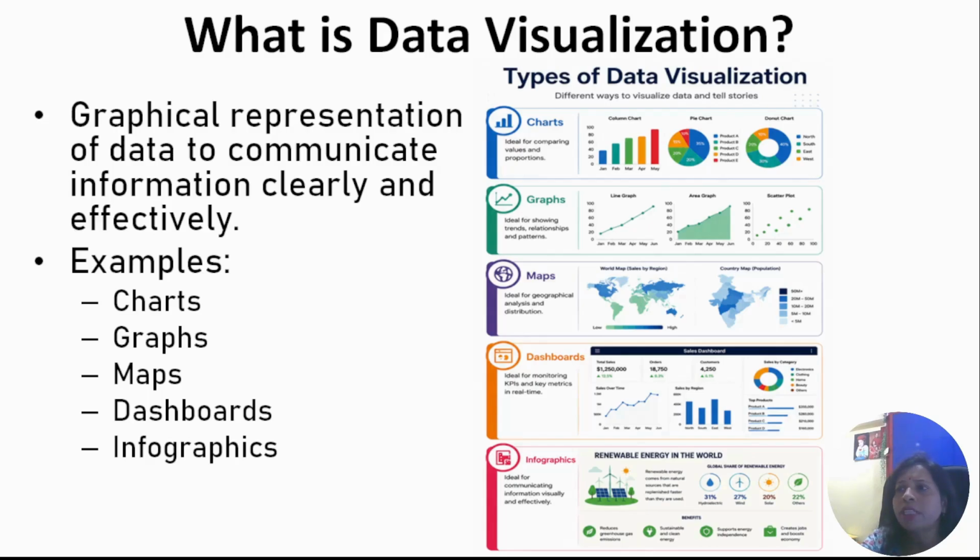The main objective is to communicate information clearly, efficiently, and effectively. For example, a line chart can show sales data over time, and a map can show the geographical distribution of customers. So visualization helps us transform complex data into a format that is very easy to understand.